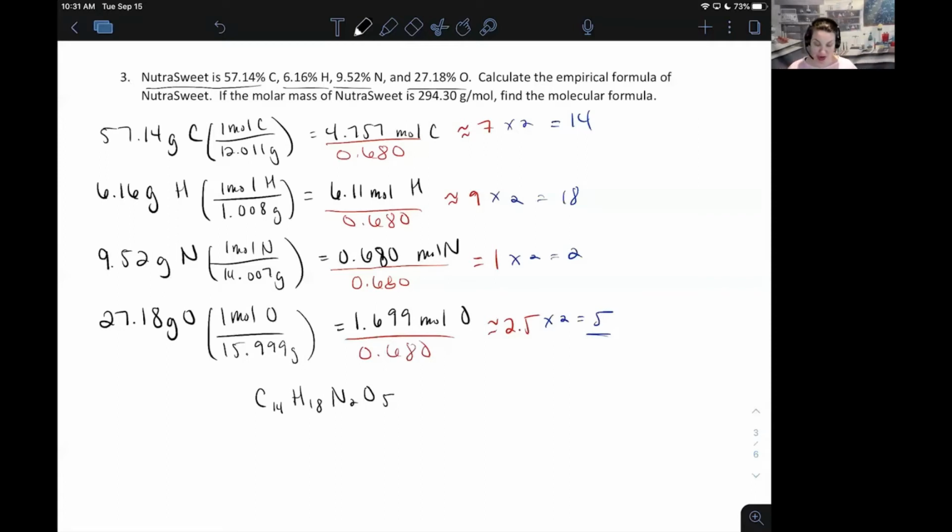So now we need to take our empirical formula and convert that into a mass per mole.